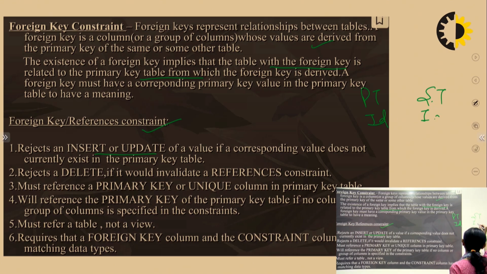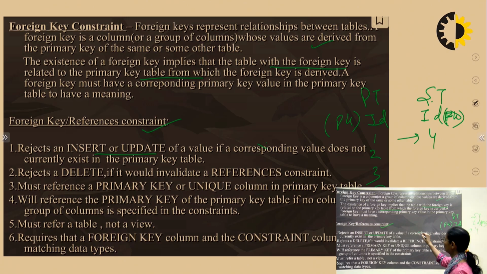Here it is PK and here it is FK, let's suppose. If I have the values 1, 2 and 3 and you want to add or insert the value 4, since the primary key table doesn't contain the value 4, updation or insertion is not allowed in that case.